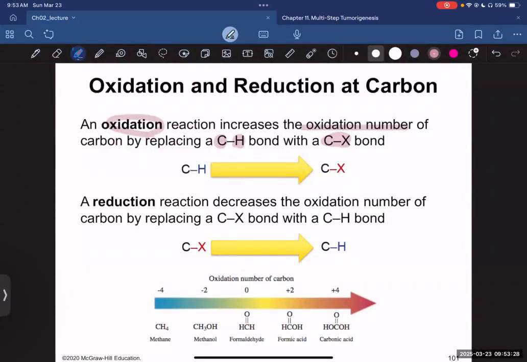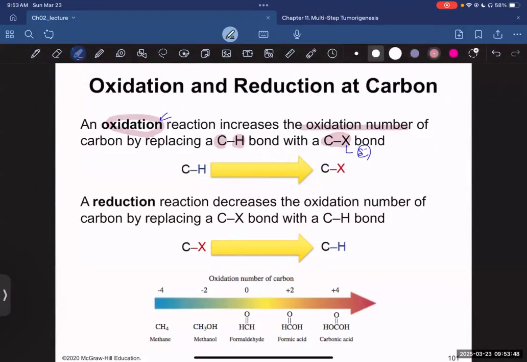And so a lot of the times they are going to bind to halogens, but also oxygen is going to be more electronegative as well. And so when we basically have a C to X bond, a halide, oxygen, anything that's much more electronegative, that is indeed going to be an oxidation reaction.